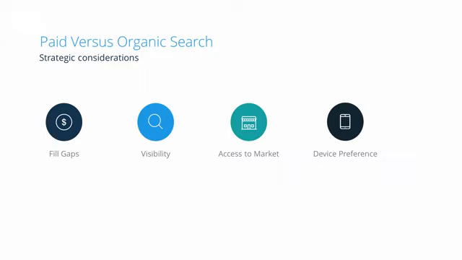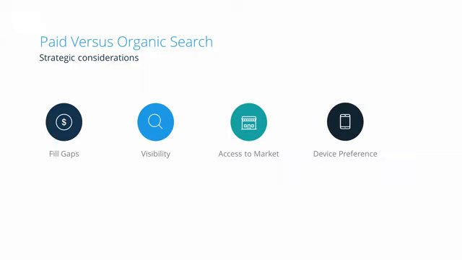So if there's a particular keyword or type of keyword that you want to serve on, you can very quickly fill that with paid search, whereas with organic it can take time to rank, to index, and to build the content and the domain authority to drive the sufficient rank to get significant traffic for that keyword.